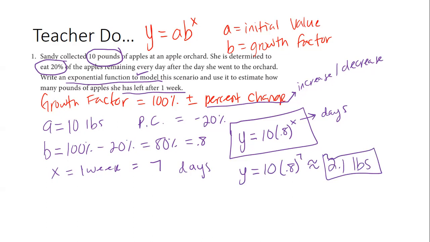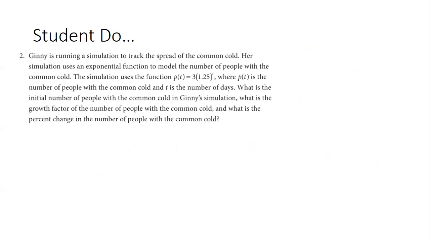How do we feel? Doable? Okay. So this was given where we were given the numbers, we had to create the function. What I'm going to give you to do, because if you can work backwards, that means you understand what's happening. So on your example number 2 in your notes, you guys are going to work backwards. You're going to take apart the function.